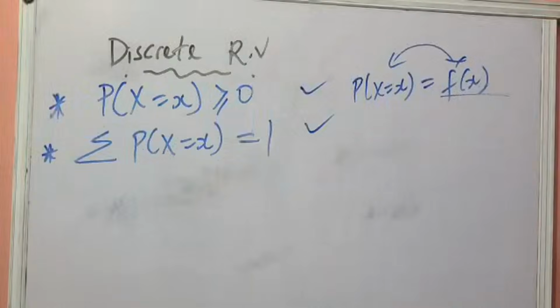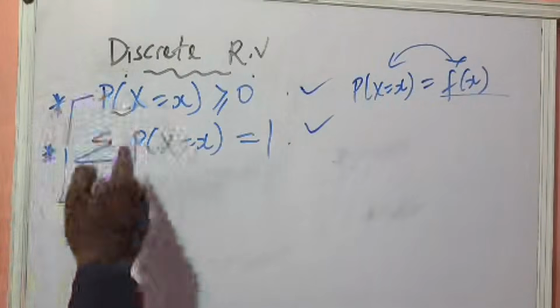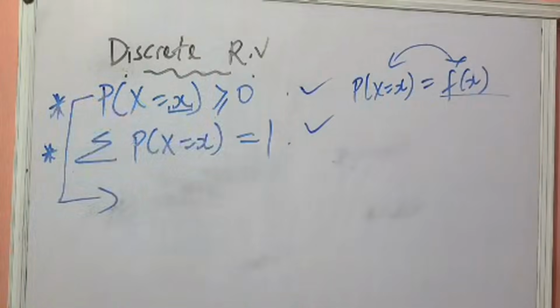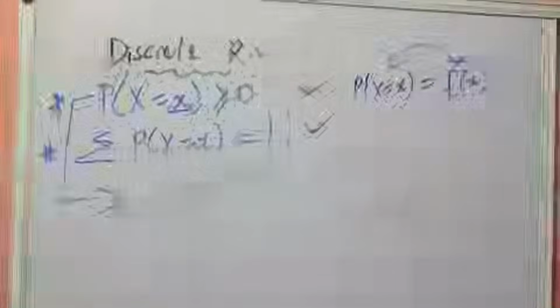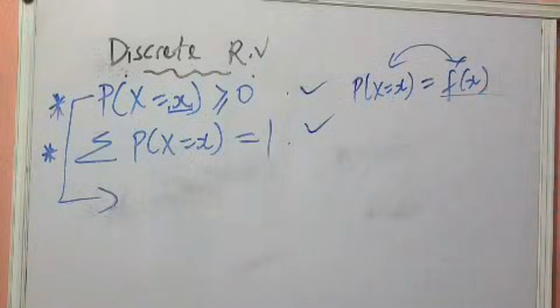Now, as I was saying, these two things must be fulfilled for you. Let me explain what this means. If the first one, of course, this x here that you're seeing represents the values, the numerical values. They could range from what, depending on whatever you're dealing with.